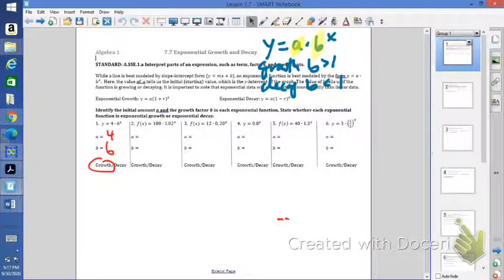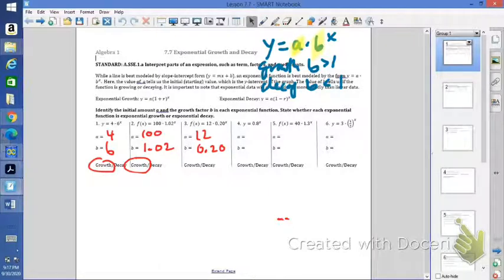Number 2, our a is going to be 100. Our b is going to be 1.02. Since 1.02 is greater than 1, we're going to have growth. Number 3, our a is 12, and our b is 0.20.